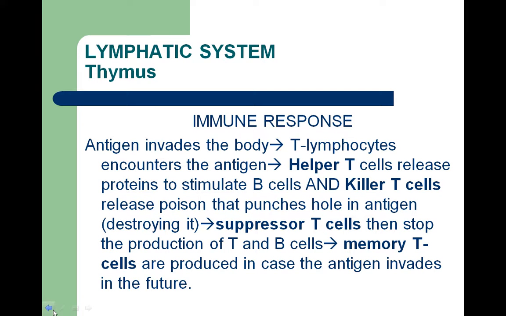Once the helper cells, though, have alerted the production of B cells, the B cells start to produce antibodies. This is going to be our long-term, most effective defense against the antigen. Our antibodies may take about a week to be properly developed, but once the antibodies are made, they go out also and engage the antigen.